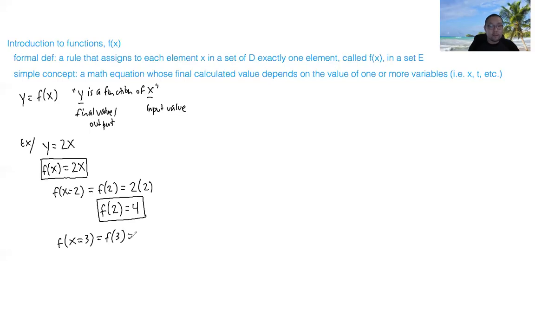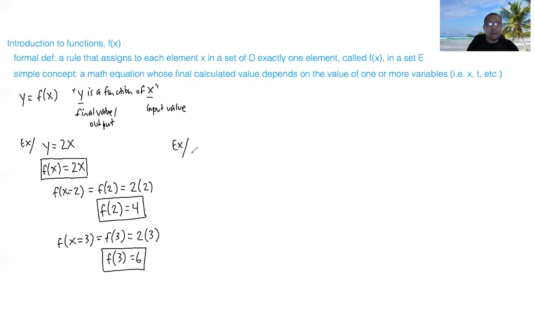So in this case, this is going to be equal to 2 times 3, and so the function evaluated at x is equal to 3 is equal to 6. Why don't you take a second and go ahead and pause this if you'd like to work and give it a try yourself before we go over it together.